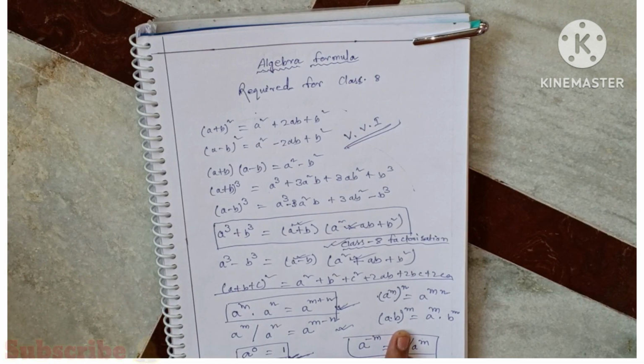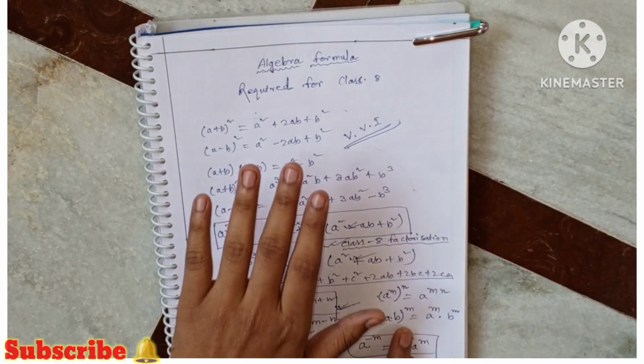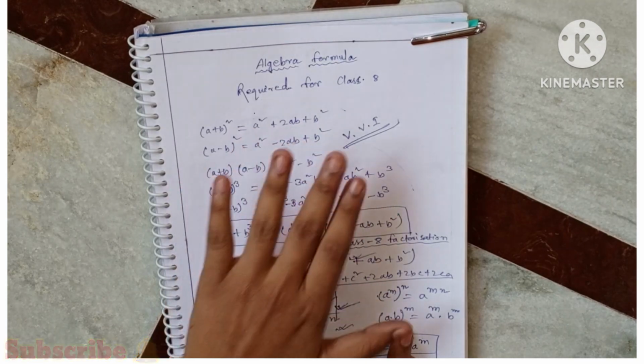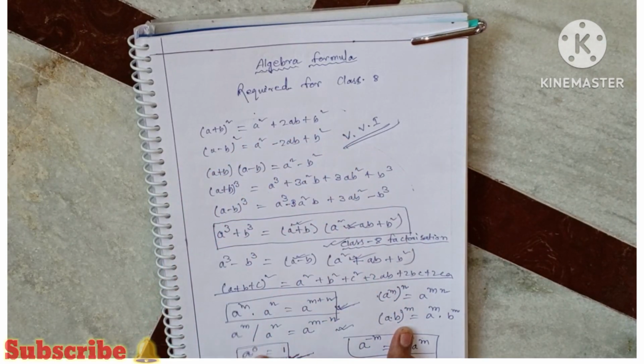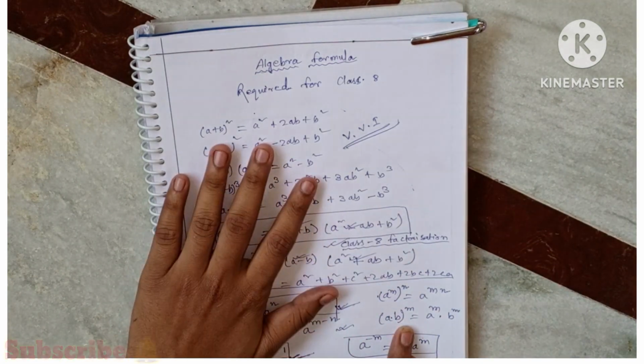In the next part of my video, this is algebra part 3. In the next video, algebra part 4, I will discuss some arithmetic formulas and also algebraic formulas in class 9, and also arithmetic formulas for class 8.